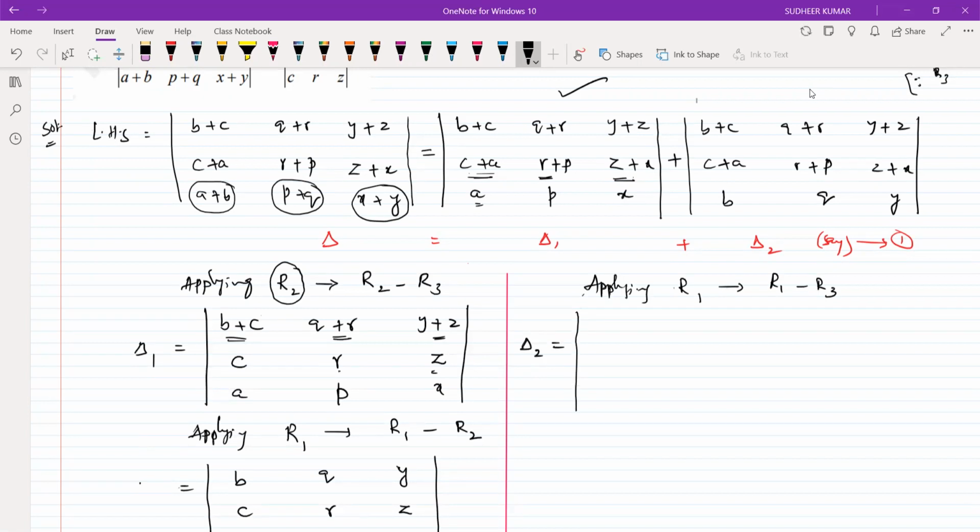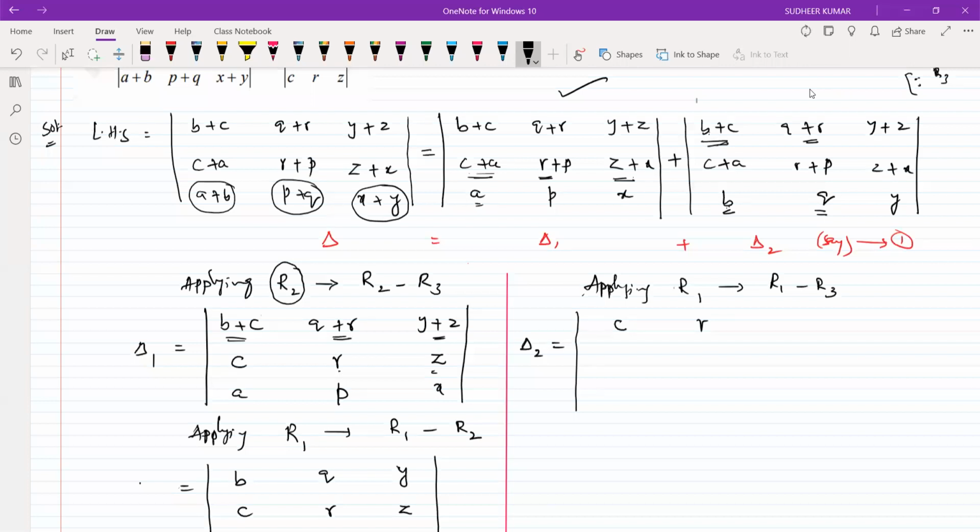So R1 is going to change in the sense B plus C minus B. So here plus B minus B gets cancelled. C remains, right? Yes, sir. Next, from this, Q plus R minus Q. Q minus Q gets cancelled.